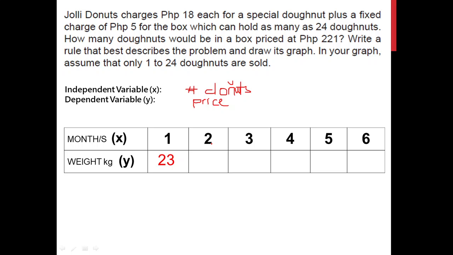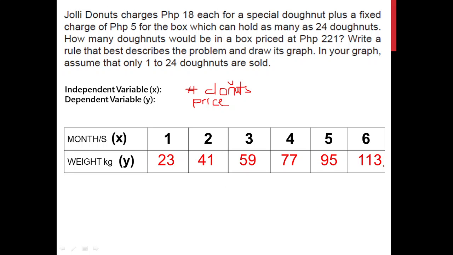Now, for the next donut, that is 2 times 18 for each donut, plus the box, that would give us 41. If we buy 3 donuts, that would be 18 times 3 plus 5, that would give us 59. And so on if we buy 4, 5, and 6. Now this will be our table of values.